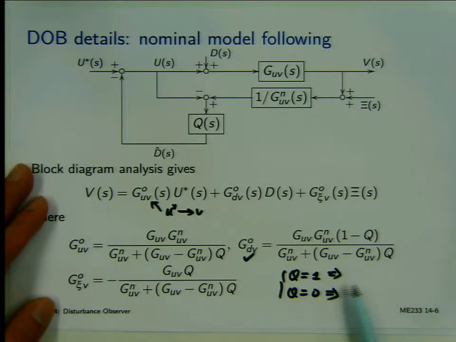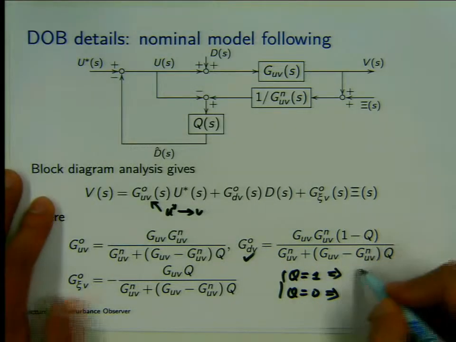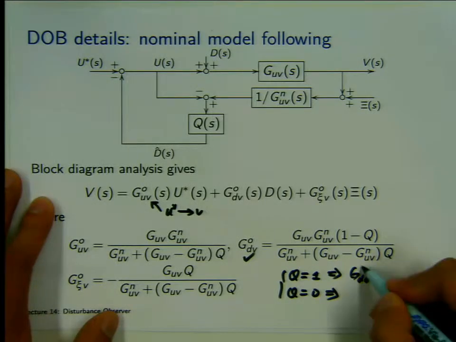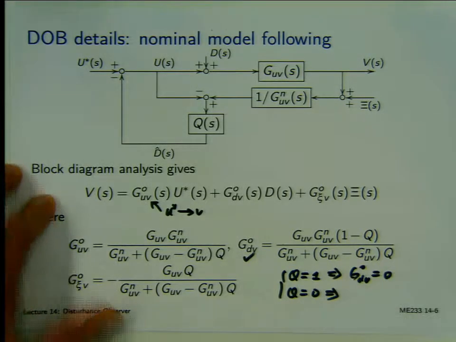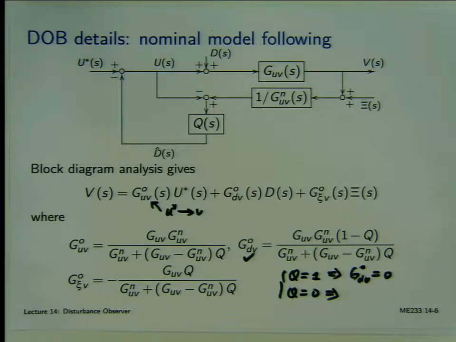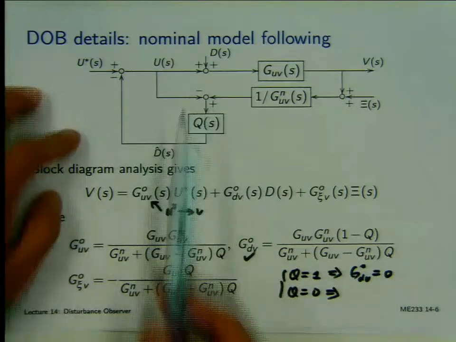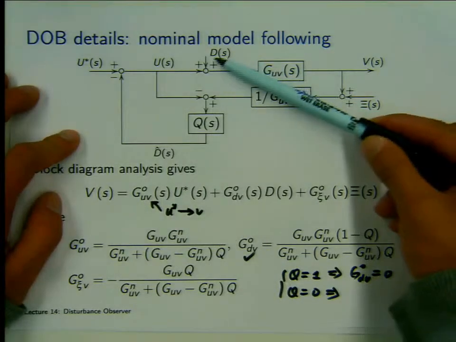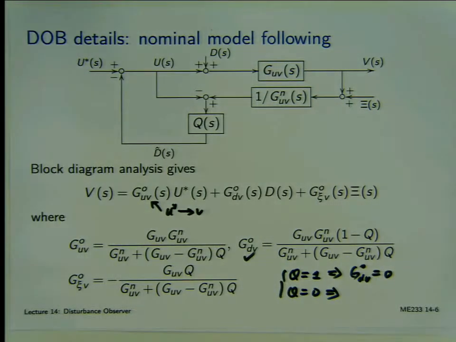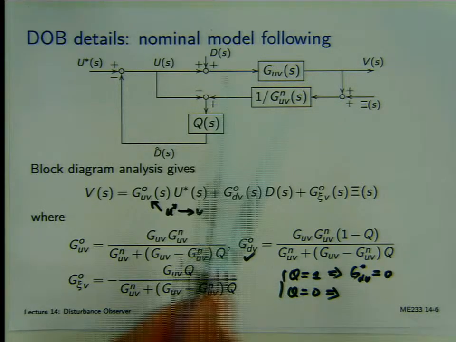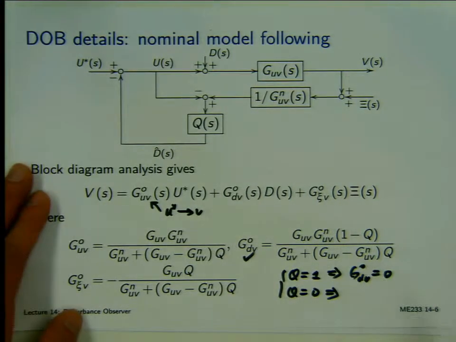If Q is 1, what will happen to G_dv naught? G_dv equals 0. What does that mean? In this closed loop feedback system, the dynamics between disturbance and v is 0. What does that physically mean? That means the disturbance is rejected.